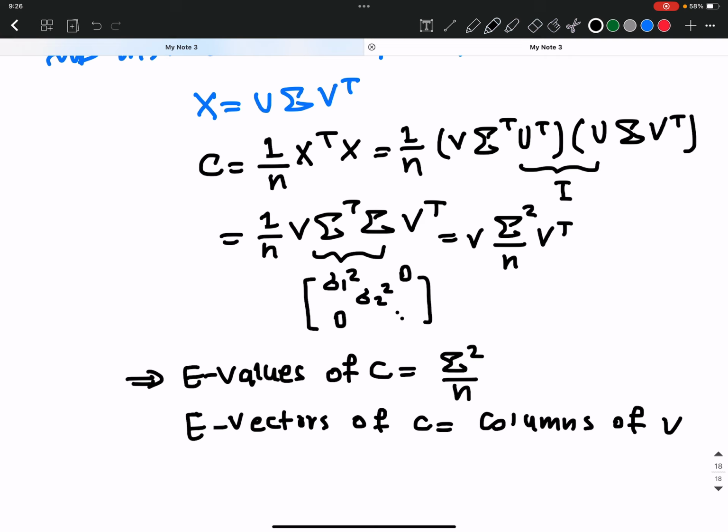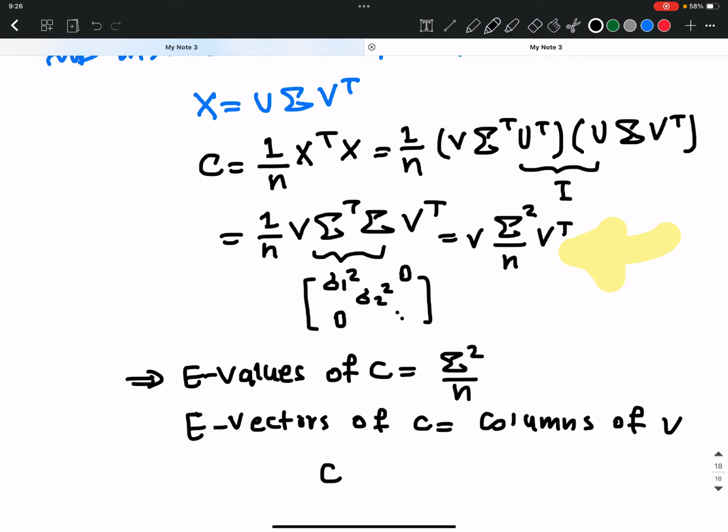And so let's see that. So let me actually show it here. In an eigenvalue problem, we have this C. If I multiply both sides of this equation by V, what do I get?